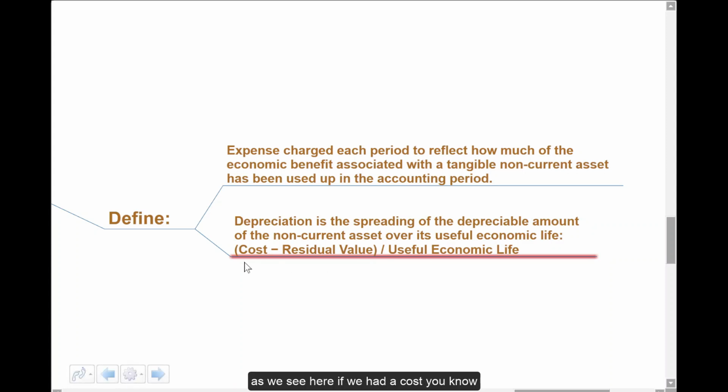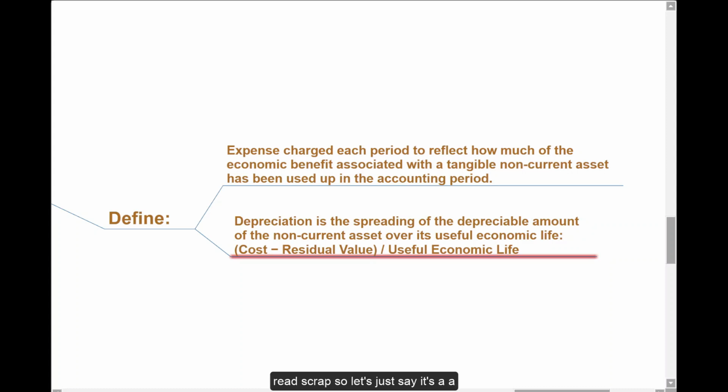So, as we see here, if we had a cost, for argument's sake, $100,000, and we thought at the end of the life there was some sort of residual value. Now, for residual, we could just read scrap.